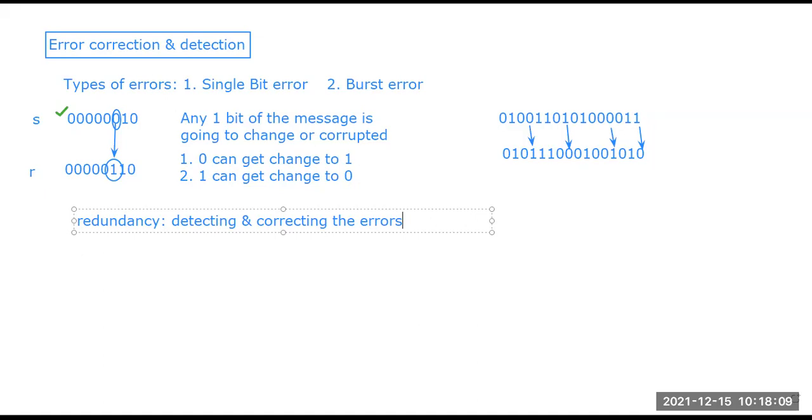What happens in the process of this redundant bit? Some extra bits are added to the original message that was sent from the sender side. These extra bits along with the message are sent by the sender to detect and correct those errors.